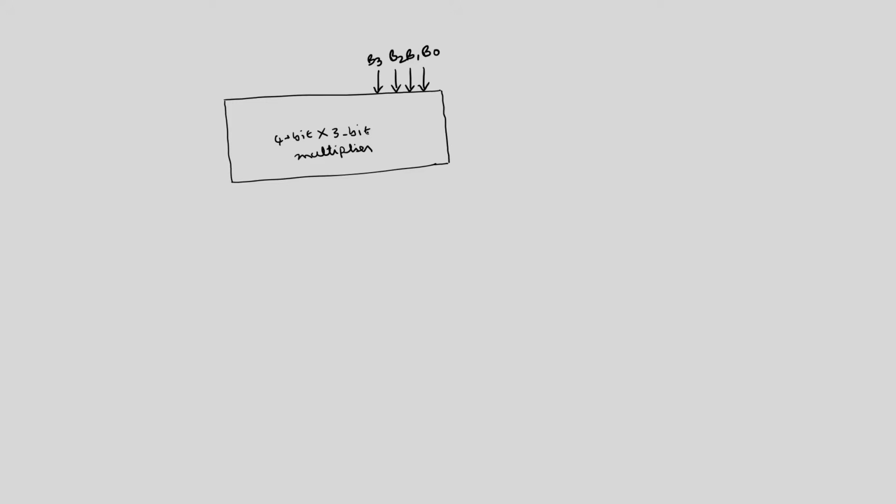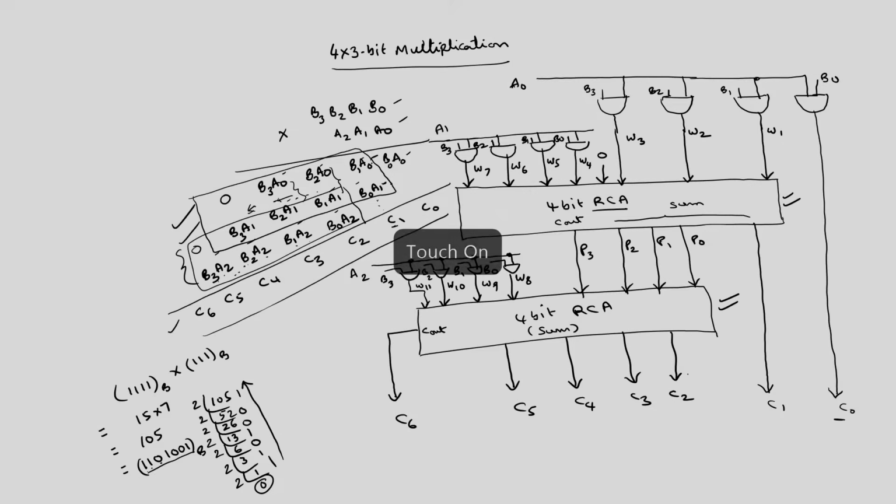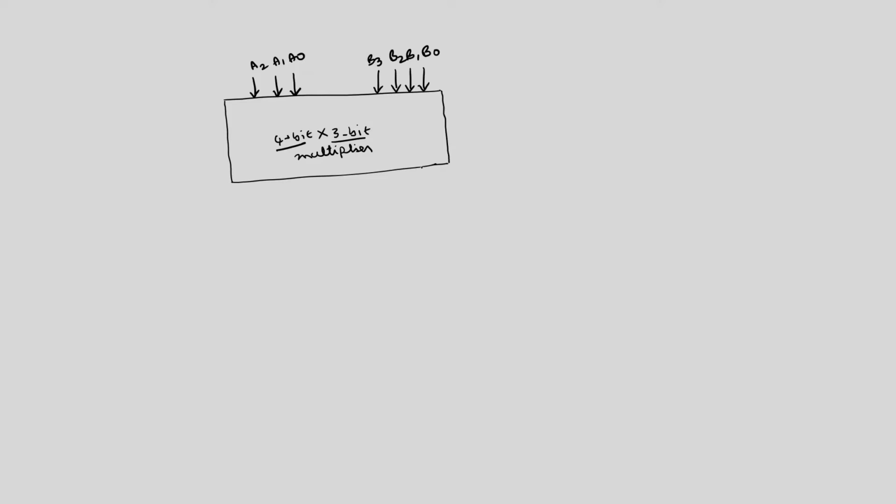This is the block diagram. Inside this we will get the circuit we have discussed in the earlier slide. This is A2, A1, A0, one 4 bit number, another 3 bit number. Then we have 7 outputs, I think. So totally 7 outputs, C0, C1, C2, C3, C4, C5, C6. This is the block diagram of the 4 bit by 3 bit multiplier basically.